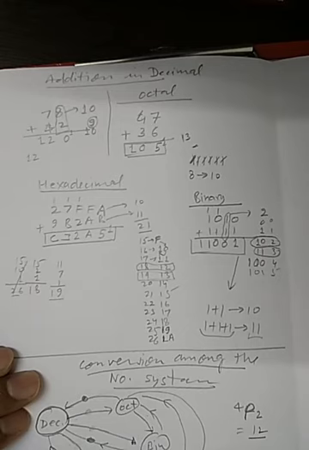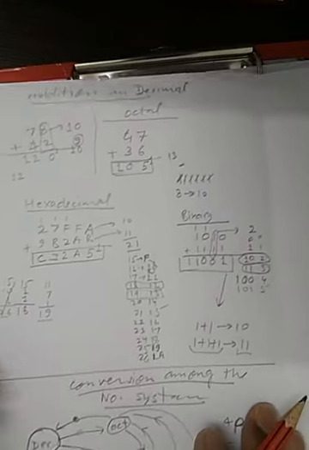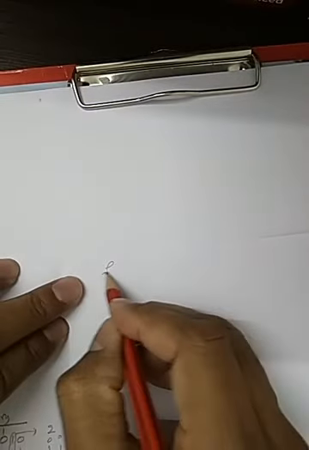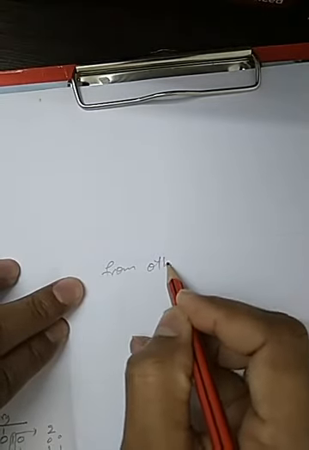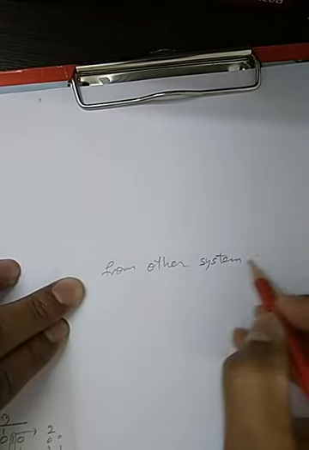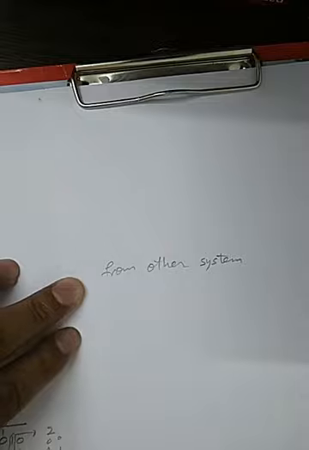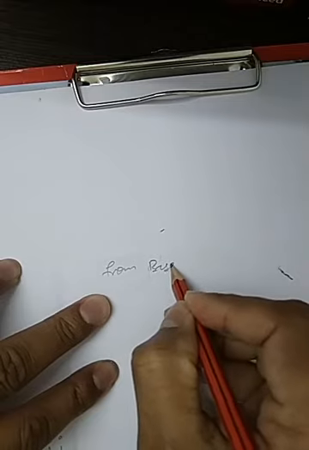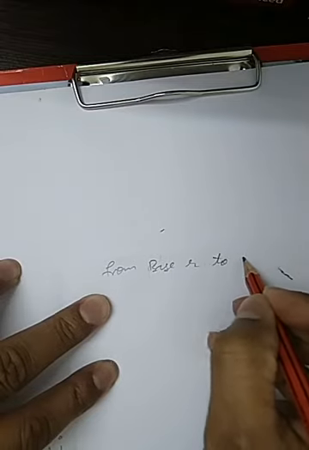So we have seen this conversion in the previous lecture, from other number system to decimal number system, or I can say from base R to 10.